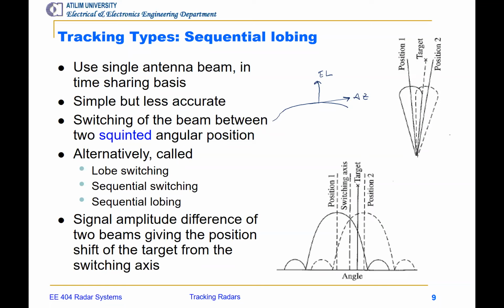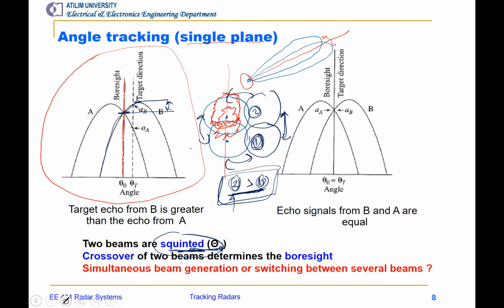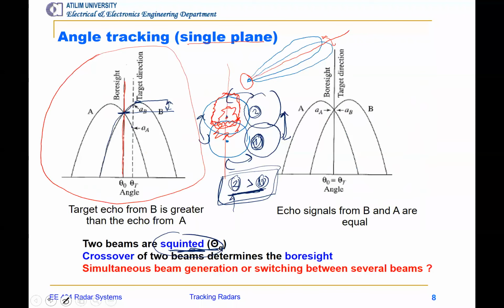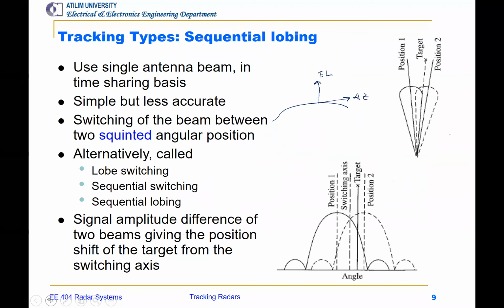Sequential lobing. This is the first type of tracker, sequential lobing, or lobe switching. This is the simplest case. We have 2 beams, and we simply switch between the beams.